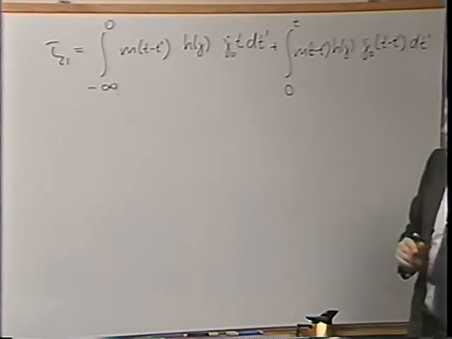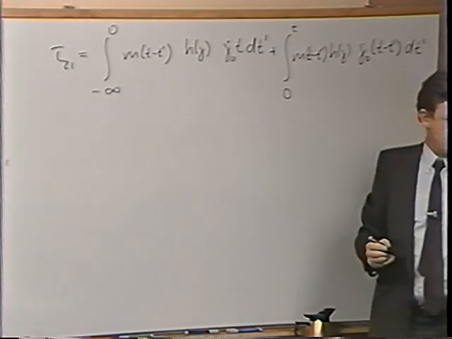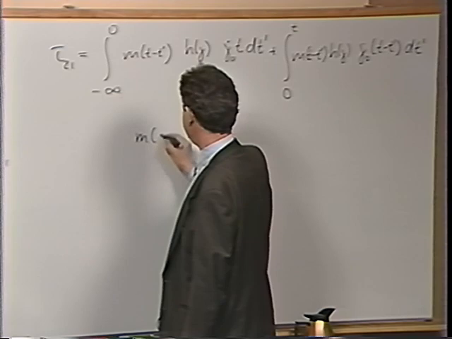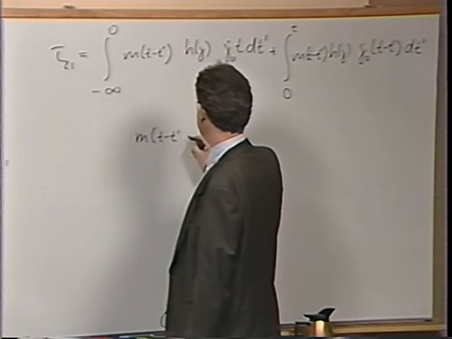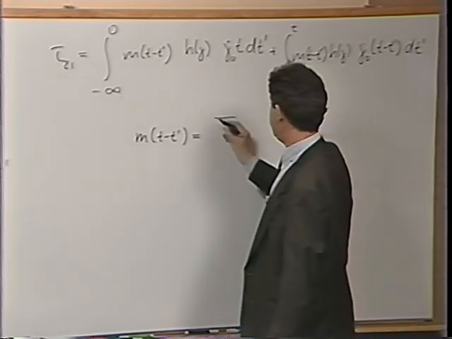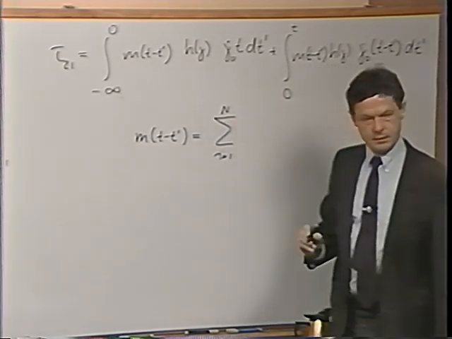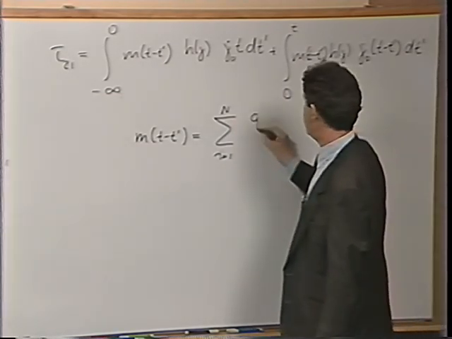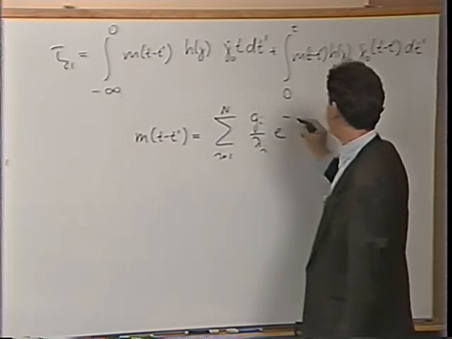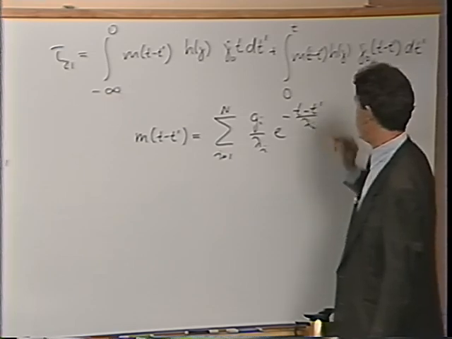To proceed from here, we have to introduce some specific forms, otherwise we couldn't integrate this function. And my proposal is that we use a memory function of t minus t prime equal to the discrete spectrum, sum over i equal to 1 to n, of g i over lambda i, e to the minus t minus t prime over lambda i.